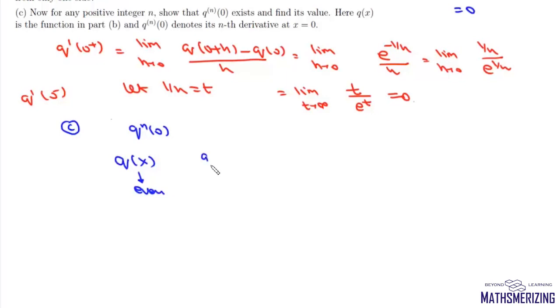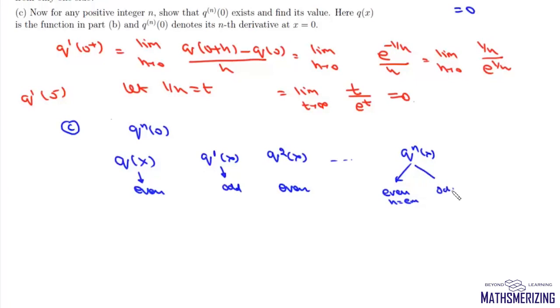Now if q(x) is even, q' when x is odd, q'' is even, and it continues. So we can say this q^(n)(x) will be even when n is even, and will be an odd function when n is odd.